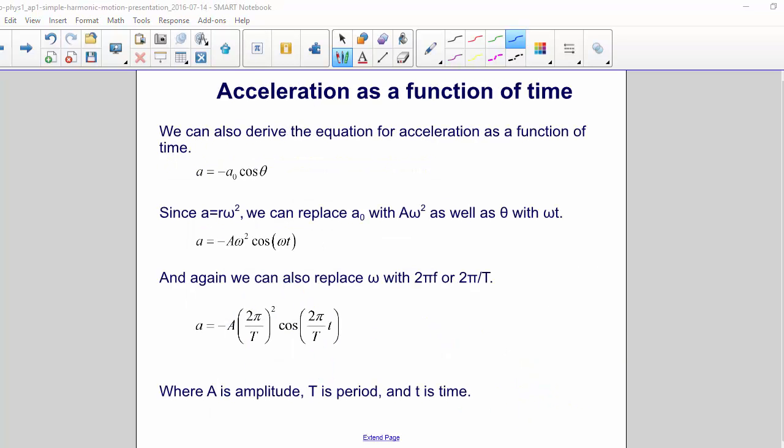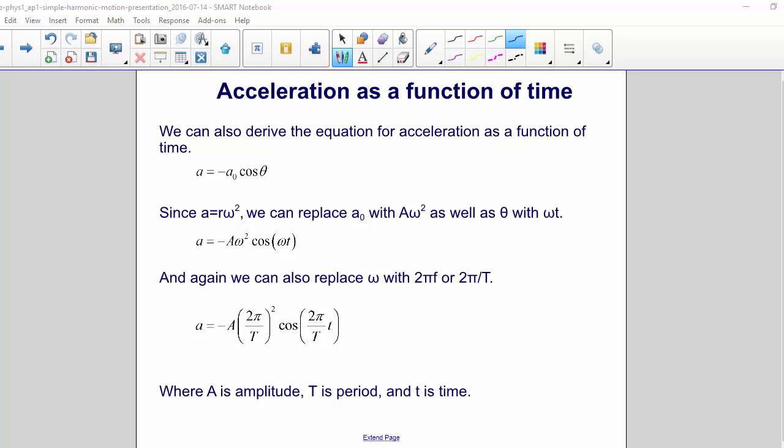We can also derive the equation for acceleration as a function of time. a equals negative a naught cosine theta. Since a is equal to r times omega squared, we can replace a naught with the amplitude times omega squared, as well as theta with omega times t. a equals negative A omega squared cosine omega t.